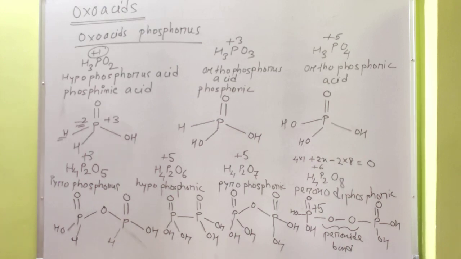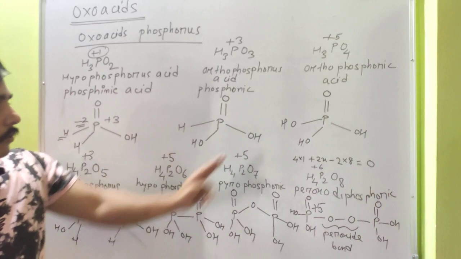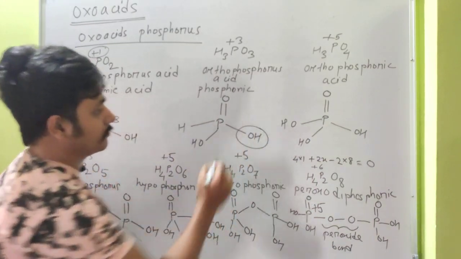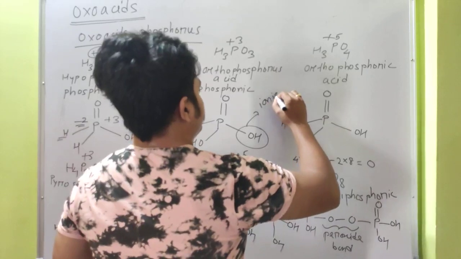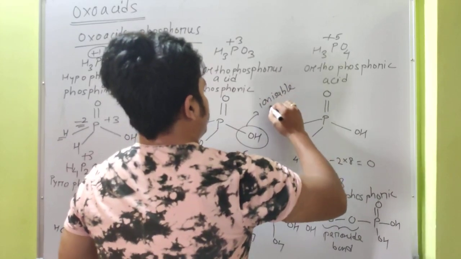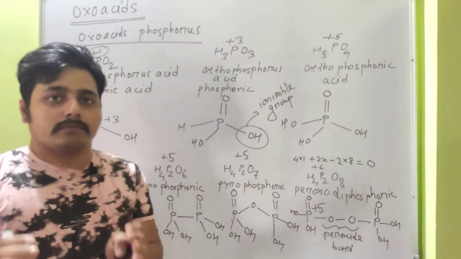Okay. Now we discuss basicity. What is basicity? Basicity depends on the OH group. This OH group is called an ionizable group. What do you mean by ionizable group?